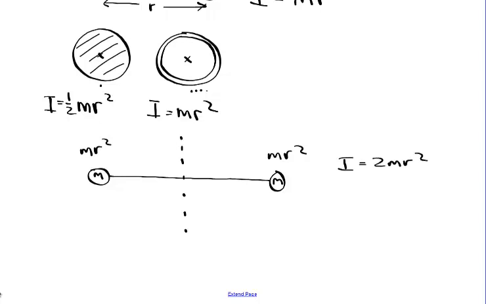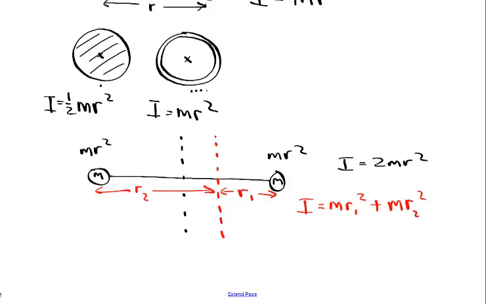Now this can get weird. What would happen if I move this axis of rotation? So let's say I move the axis of rotation closer to one of the masses. What I'm going to have to do now is know what r1 is and what r2 is, and the total moment of inertia of this object now would be mr1 squared plus mr2 squared.